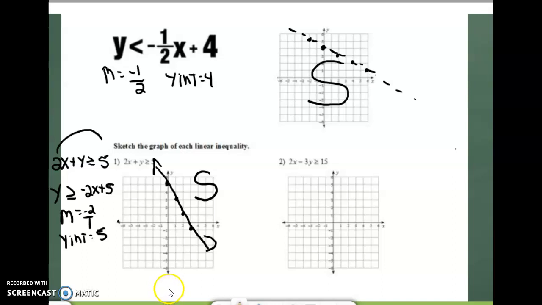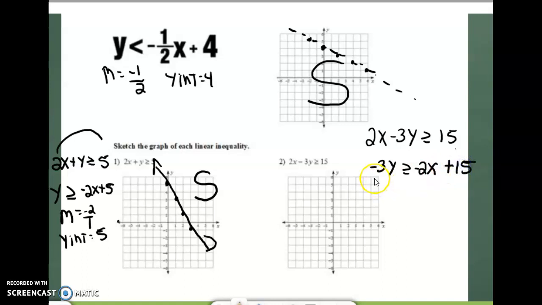All right, number 2, again, not in slope-intercept form, so we're going to have to do a little manipulation of the equation, right? The first thing you're going to have to do is move the 2x over like we did before by subtracting it. So that's going to be negative 2x, and that is a positive 15.